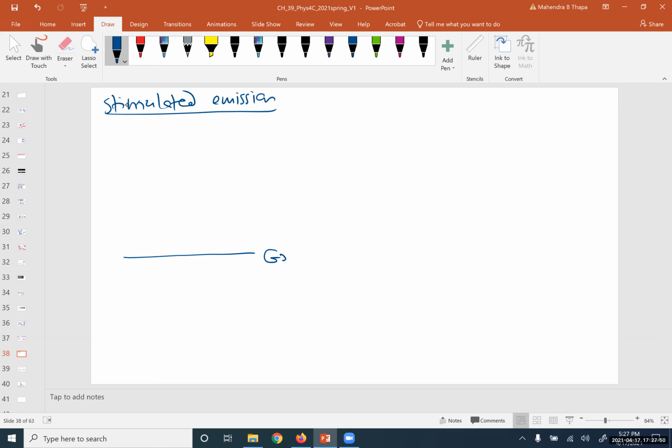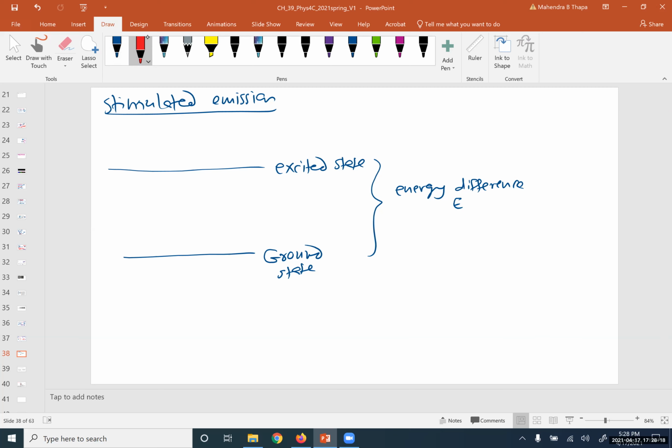So this is the ground state, and say this is the excited state. Say the energy difference between these two states, for example, this is the second state, and this is your ground state, n equals 1.